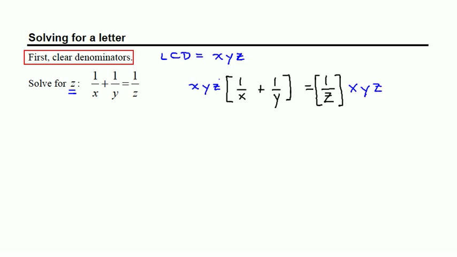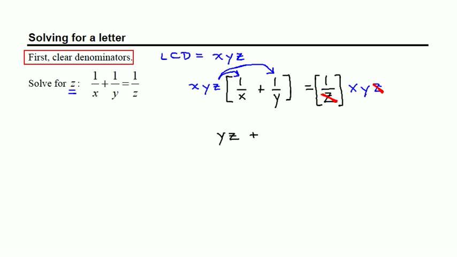I do need to distribute the LCD to both terms on the left-hand side, but on the right it's fairly simple since we only have one term. We can go ahead and do this cancellation with pen and see what we have remaining. Focusing first on the left, my x would cancel with the x in my first term, and what I have remaining is just yz from my LCD.